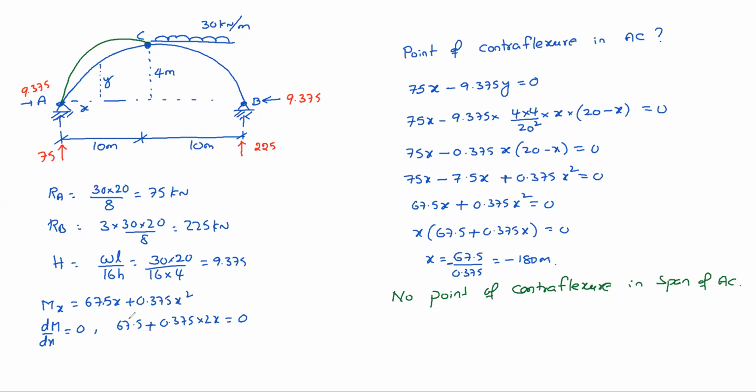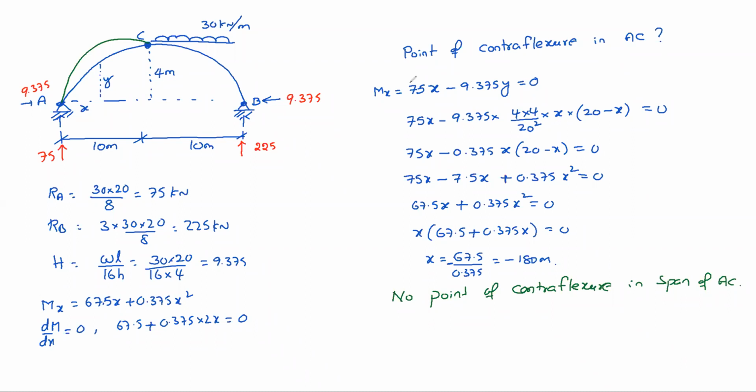So how to get the maximum bending moment? 75x minus this one, M at x, increases and decreases. So 5x minus 0.9375, 20 minus x.